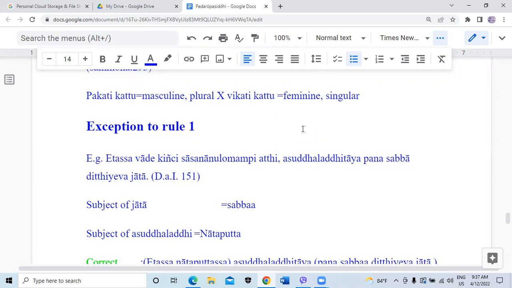What I mean is, all of the teachings of the Nathaputta are wrong views, not because of only this reason. It can have many reasons, but the authors choose this reason to present.